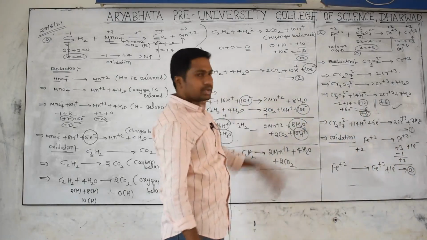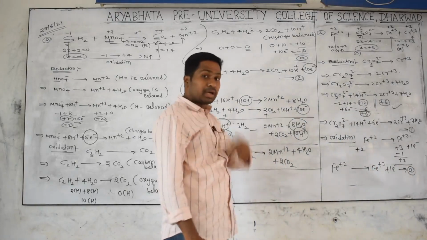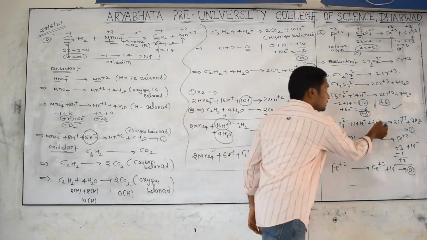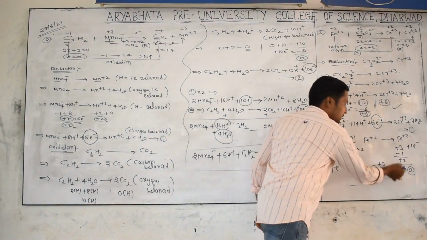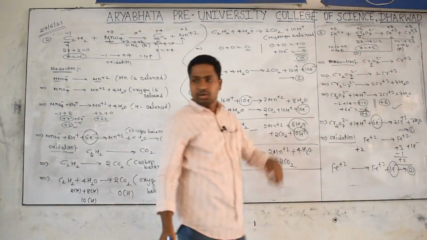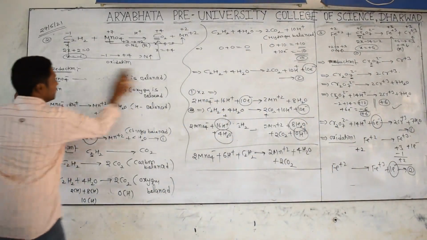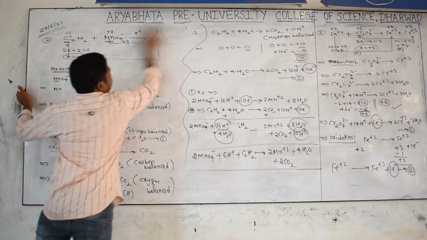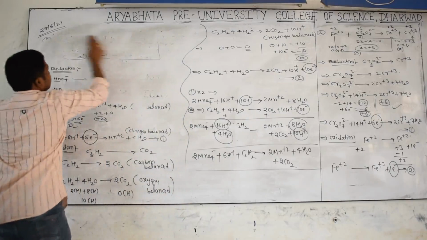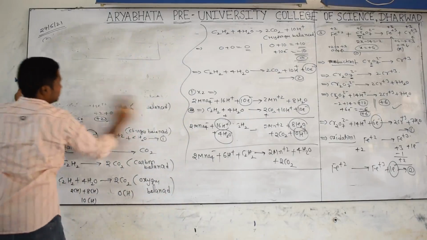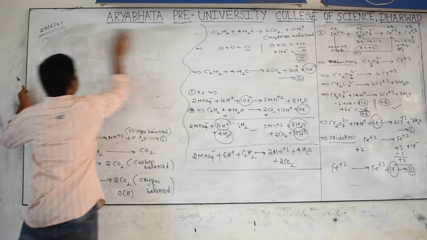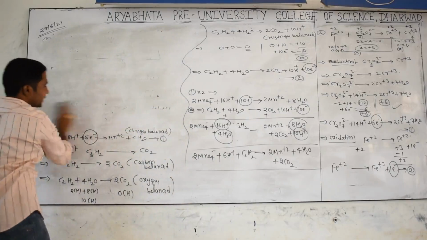Next, the 2 reactions have to be added. Before adding, what has to be done? In the first reaction we get 6 electrons, in the second equation 1 electron. By multiplying we should do something. What has to be done to make the electrons equal?